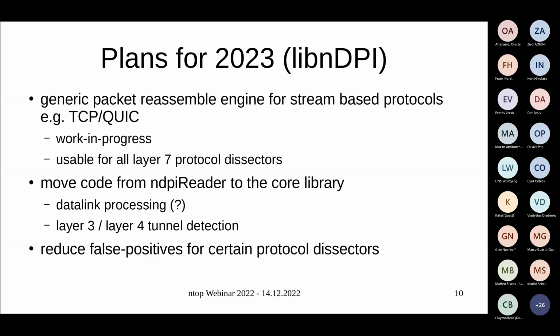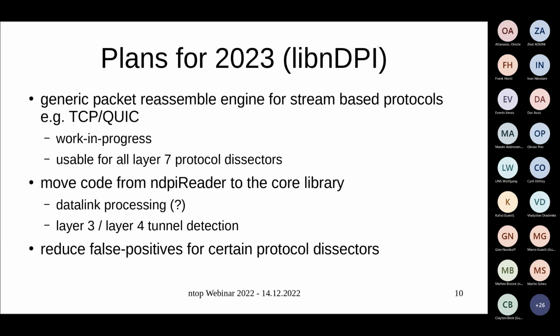Depending on the MTU, a classification may fail because, for example, more or less than the expected PDU length is received. So this is something where a generic packet reassembly engine could be really helpful.